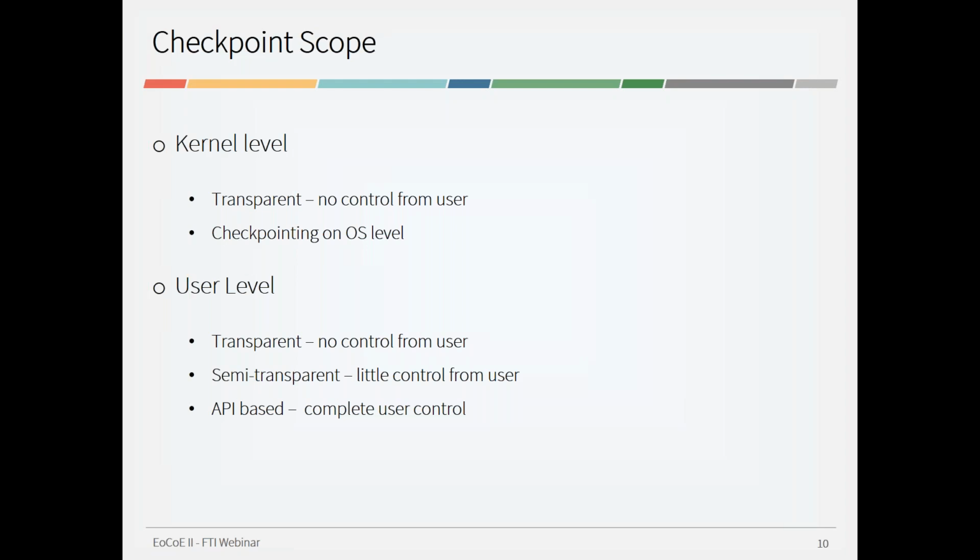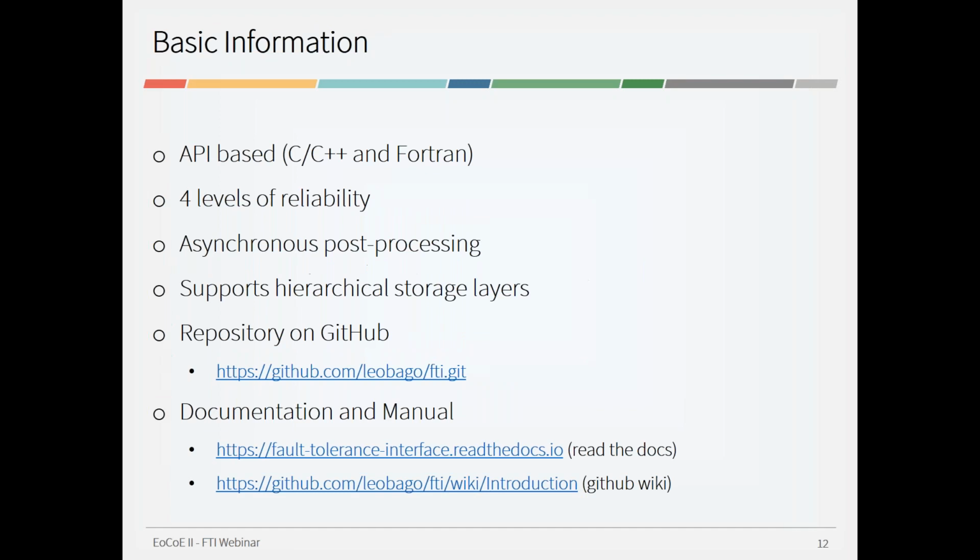But when you want to have more control and introduce better performance in your application, you need to look into the application itself. So it needs some kind of API-based scheme, and that is the approach that we take in FTI.